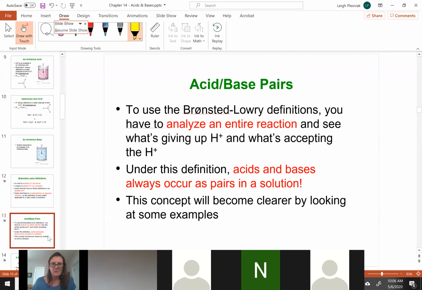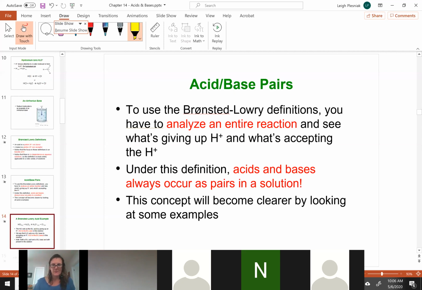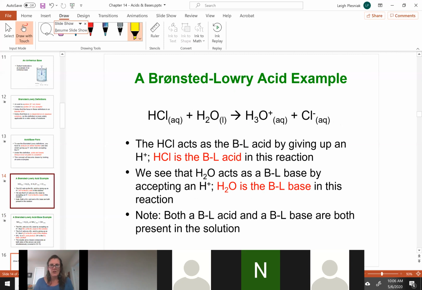So acids and bases always work in pairs. And what you are going to want to pick up is identifying the acids and bases in chemical reactions. So if we look at this reaction here, hydrochloric acid dissolves in water and produces hydronium and Cl minus.